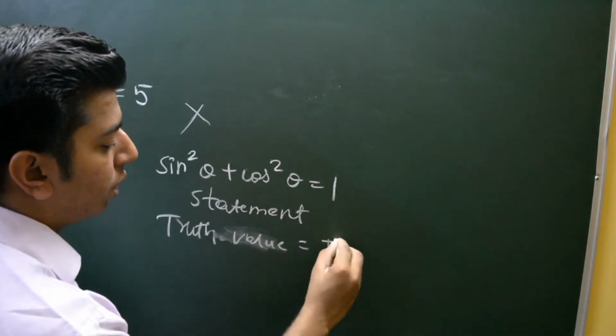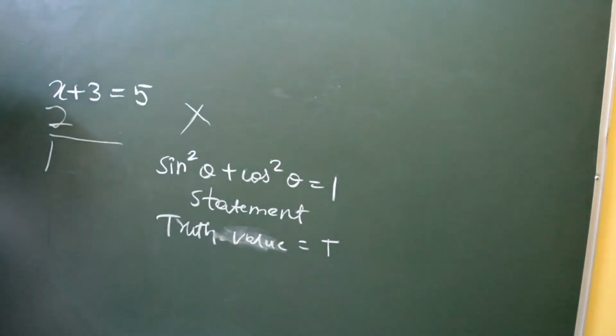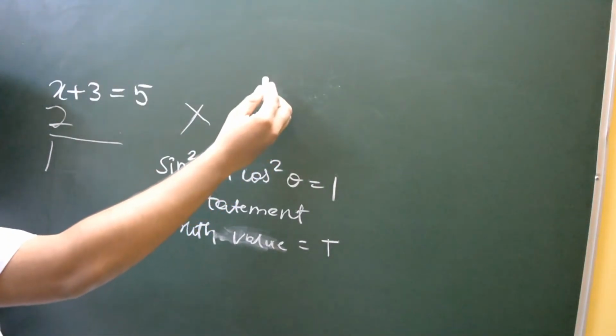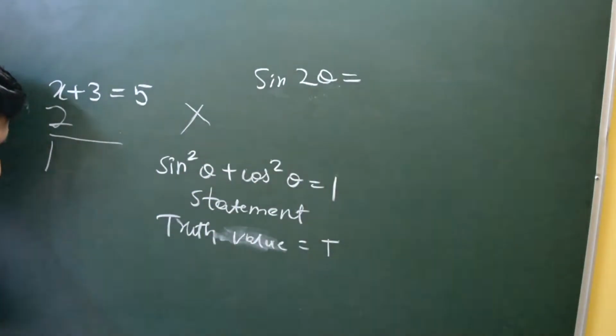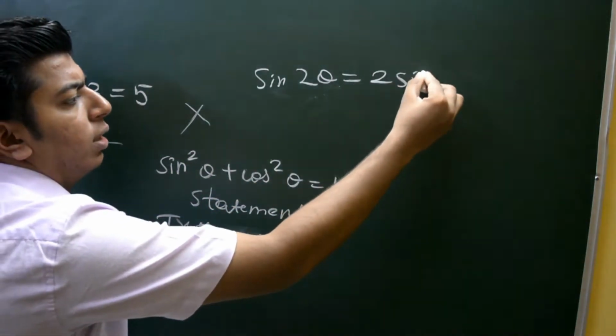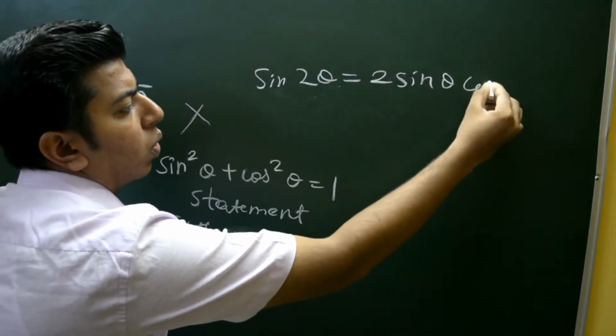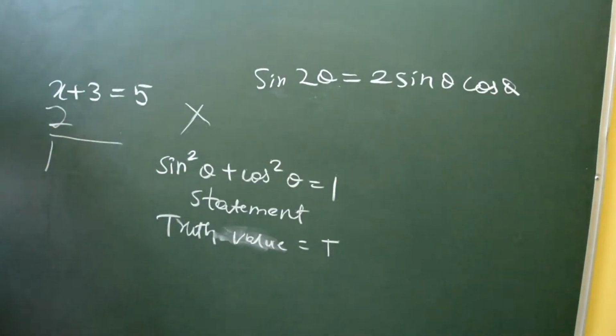It is equal to T. That means every standard formula or identity is always a true statement. Another example is sin 2 theta is equal to 2 sin theta cos theta. This is also a formula, which is also a statement, and its truth value is true, that is T.